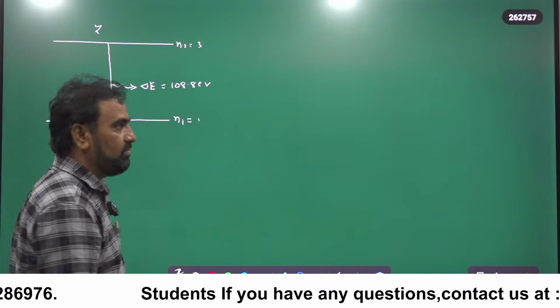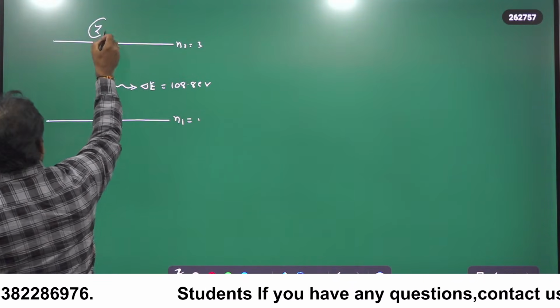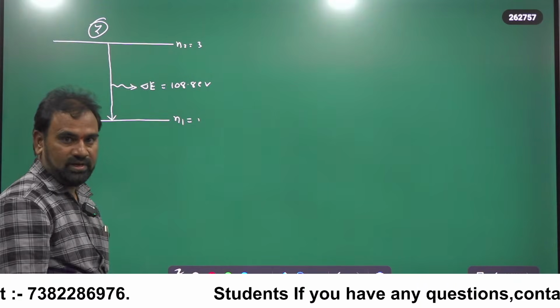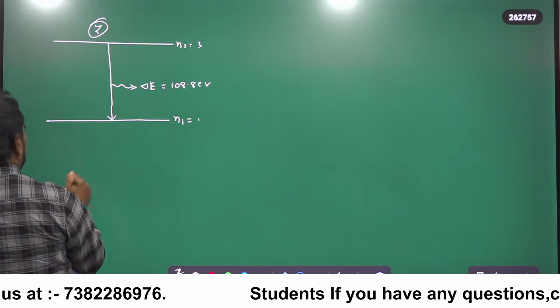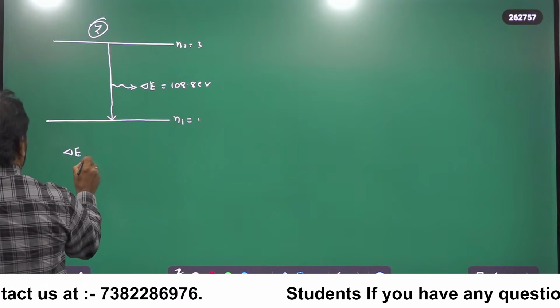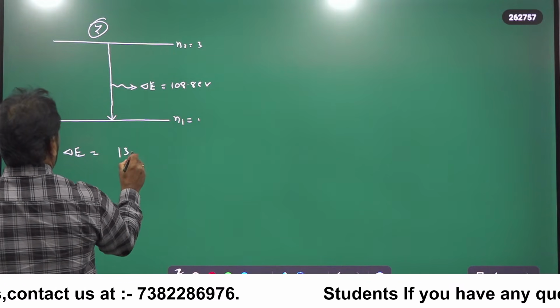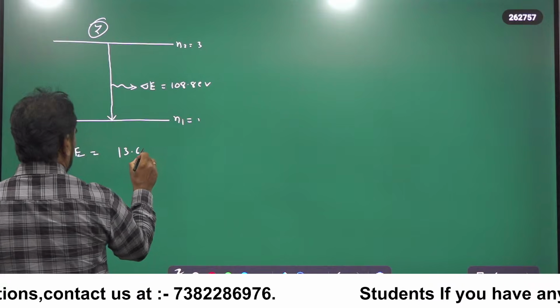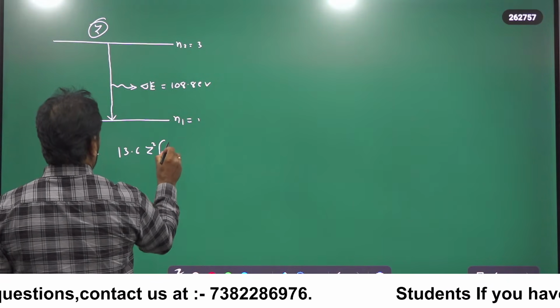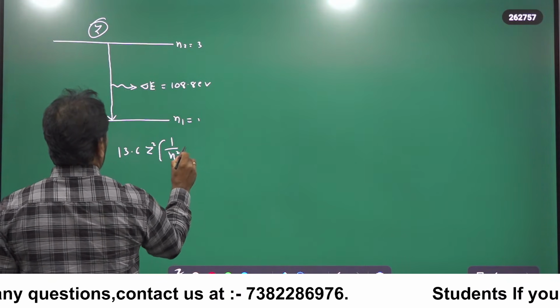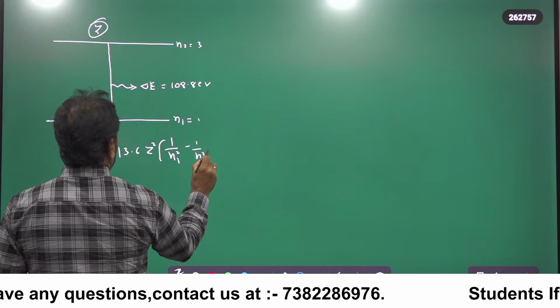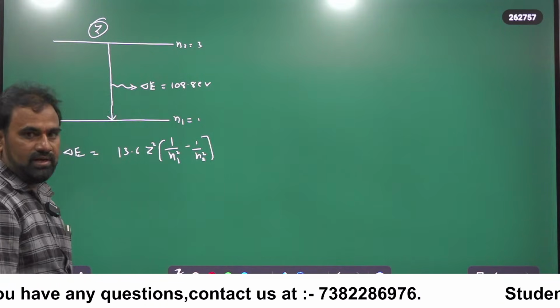So what is the atomic number? What is the Z value? That we have to calculate now. We can use delta E is equal to 13.6 Z square into 1 by N1 square minus 1 by N2 square, in electron volts only.